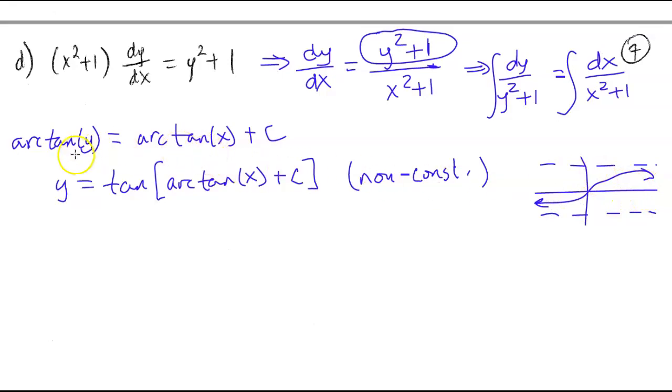So if we're talking about the independent variables, whether this is x or y, if we're looking at this as the x-axis, then it would be all real numbers. If we're looking at this as the y-axis, it would still be all real numbers. So we're good there.